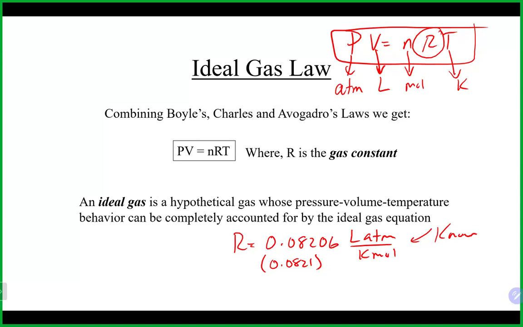What is an ideal gas? An ideal gas is typically the way gases behave under normal conditions. And there's a couple of things that make something an ideal gas. One thing is we really don't care about the volume of the gas itself. It is very small compared to the container it's in.